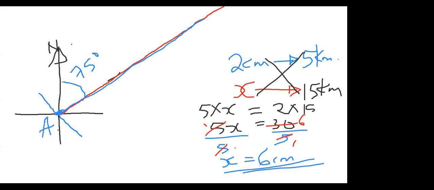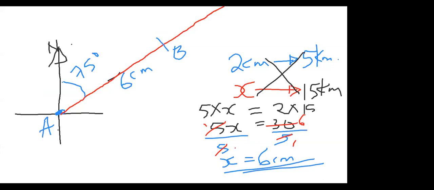You make a mark at that point, which is 6 centimeters, and then label that point B, like that. So once you've done that, this is the exact position where B is from A.